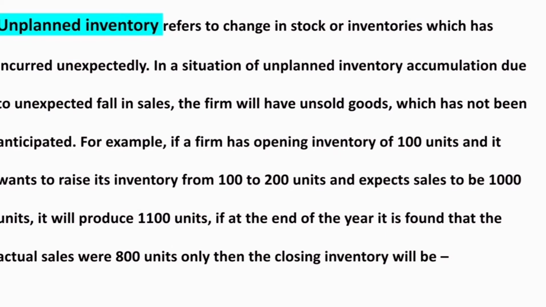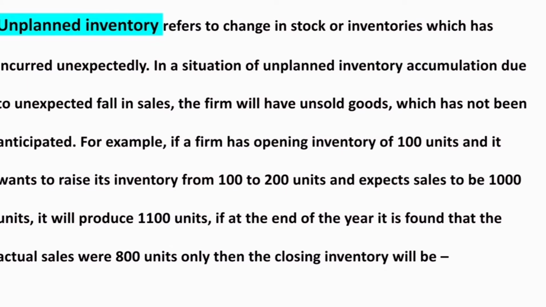Unplanned inventory refers to change in stock, change in inventory, which has occurred unexpectedly. It is not anticipated. In a situation of unplanned inventory accumulation due to unexpected fall in sales, the firm will have unsold goods which has not been anticipated. For example, if a firm has opening stock of 100 units, it wants to raise its stock from 100 to 200 units and expects sales to be 1000 units.